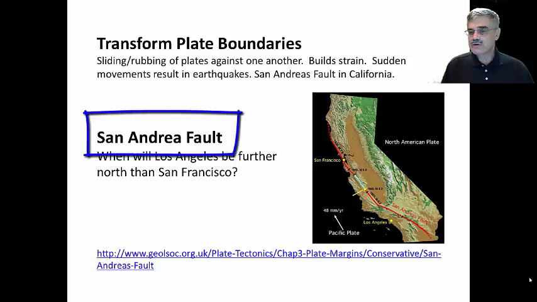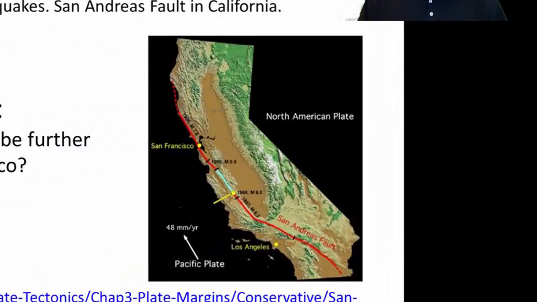A good example of that is the San Andreas Fault in California. The San Andreas Fault runs on the coastal side of California, and you can see the locations of Los Angeles and then San Francisco. It turns out that Los Angeles is on one side of this fault, and San Francisco is on another side. These two parts of California are actually on two separate tectonic plates.